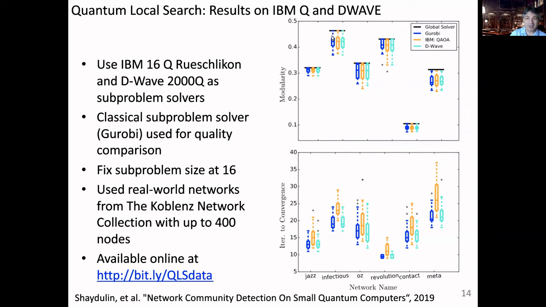In blue, you can see exactly the same local search approach, but instead of calling a quantum device, we call Gurobi, the classical optimization solver. You can see that they're really comparable with each other. There is no particular winner here. They all reach the global optimum. The spread of the solutions is approximately the same in all of them, and the number of iterations required for convergence is also not that different.